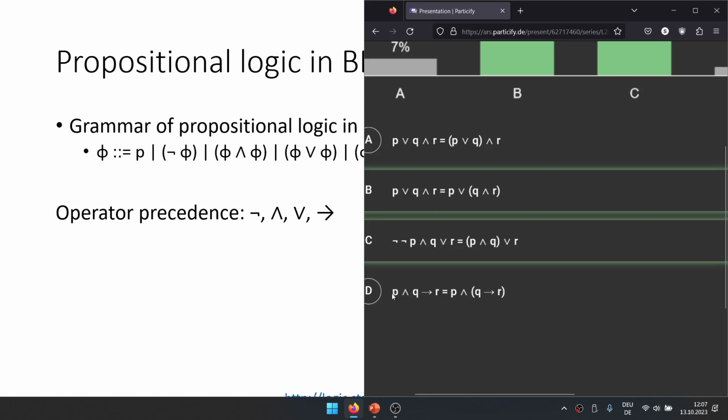So we would have to do P and Q first and then implies R. The safest thing, if you don't know about how strong each operator binds, just use parentheses, right? But sometimes if you have too many of them, it gets not so easily readable. So that's why you can rely on this strength here of the binding of the operators.